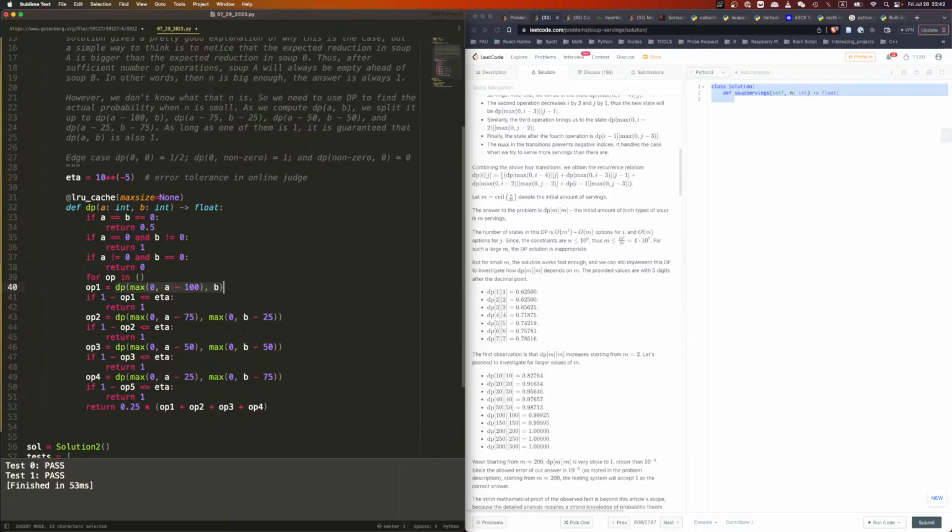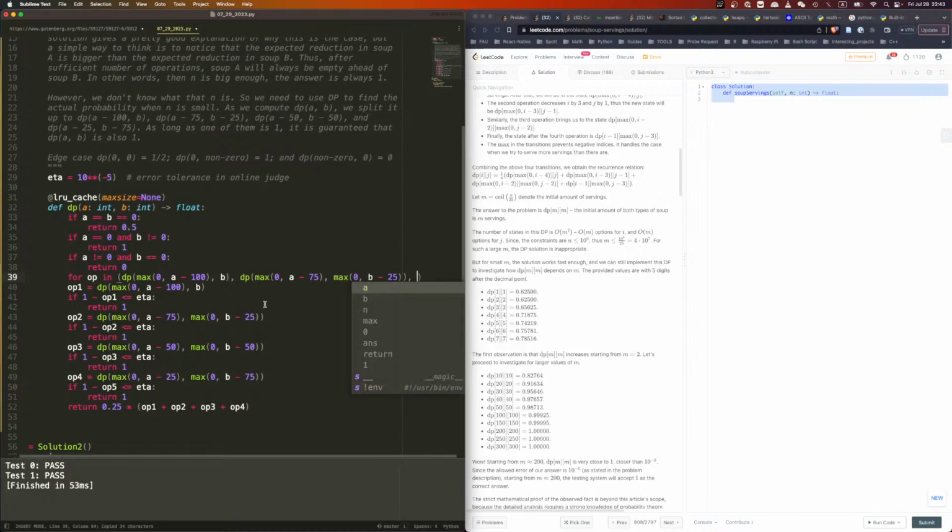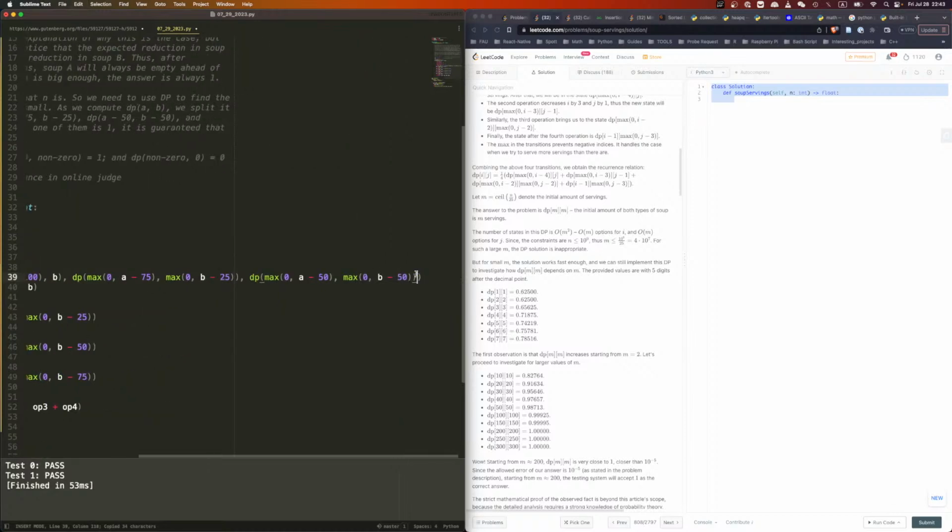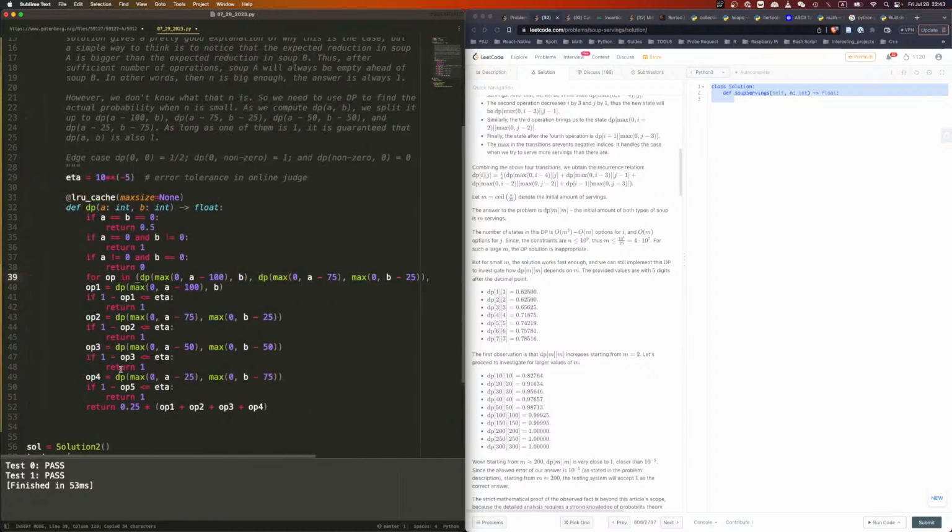I think this is a generator. Not 100% sure, but let's try this. I remember this is a generator. Well, if we can pass, that means it is a generator.